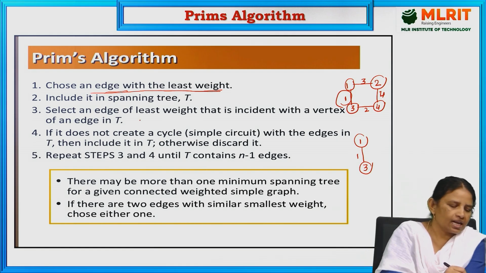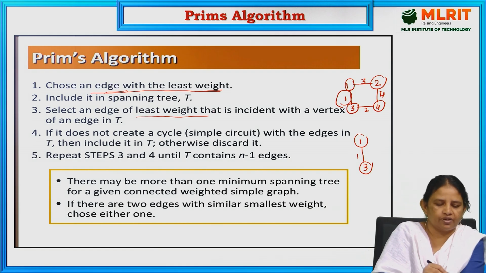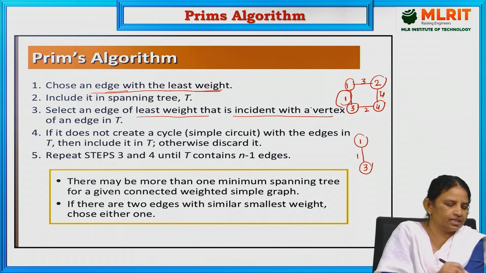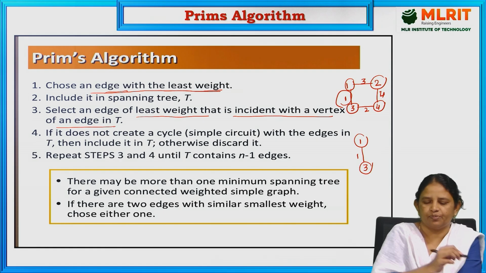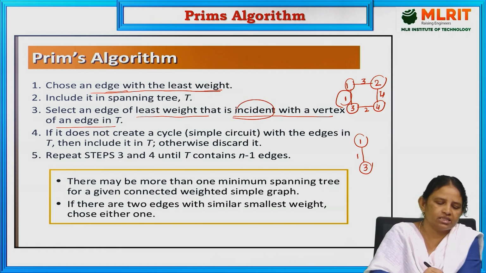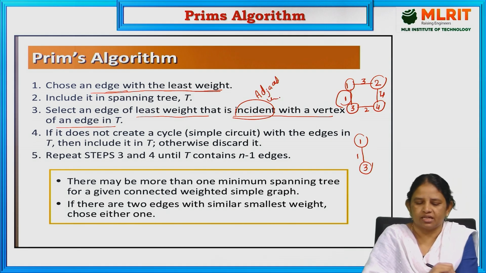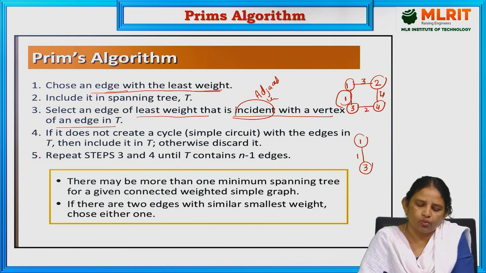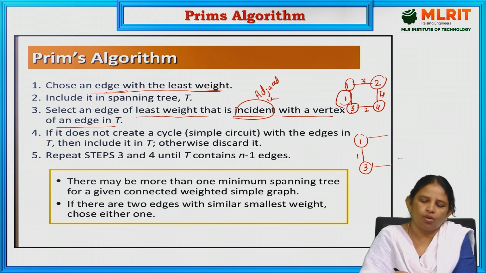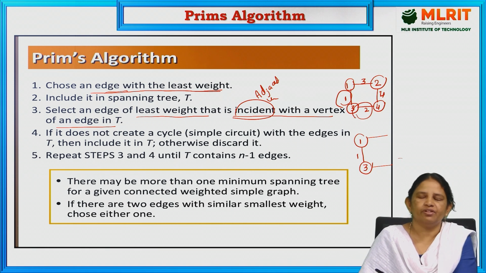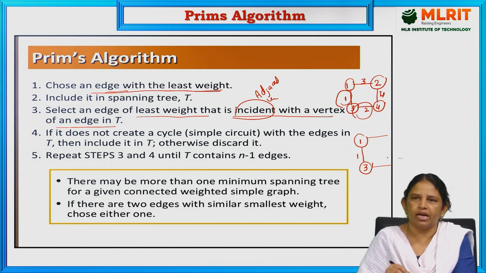Next, select an edge of least weight that is incident with a vertex of an edge in the tree T. What is incident? It means adjacent vertex. That means 1 to 2, 1 is having 2 as an adjacent, 3 is having 4 as an adjacent. Among 3 to 4 or 1 to 2, we have to select the edge with the least weight, and it should be an adjacent vertex.